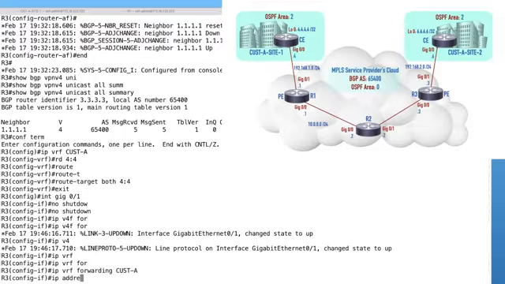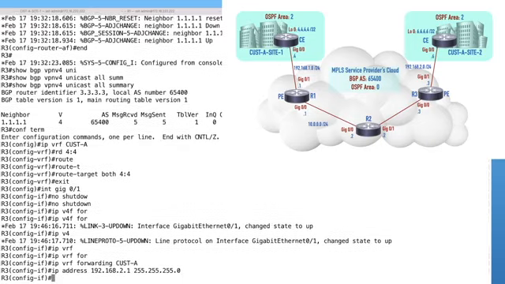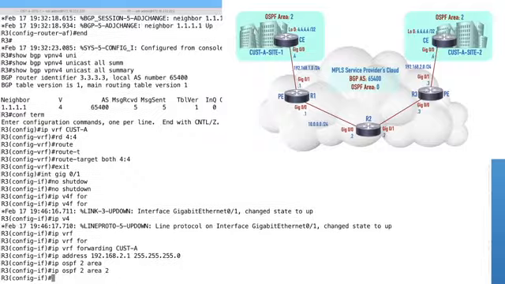Let's give it an IP address, 192.168.2.1, 24-bit subnet mask. IP OSPF process ID 2, and that interface is going to be in area 2.